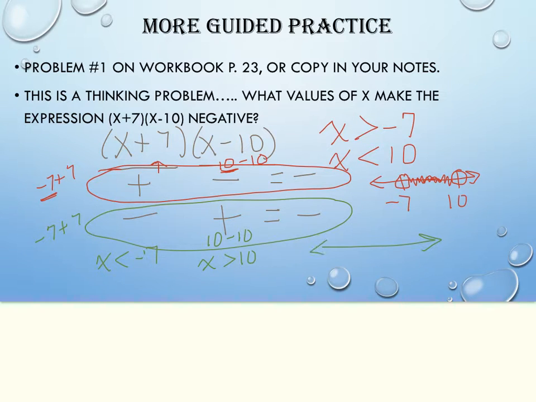And the scenario for that one would be, with the negative 7 and the 10, stuff greater than 10, which would give you a very messy arrow going that way. And then less than negative 7. So you have two possibilities, the one in the red and the one in the green.